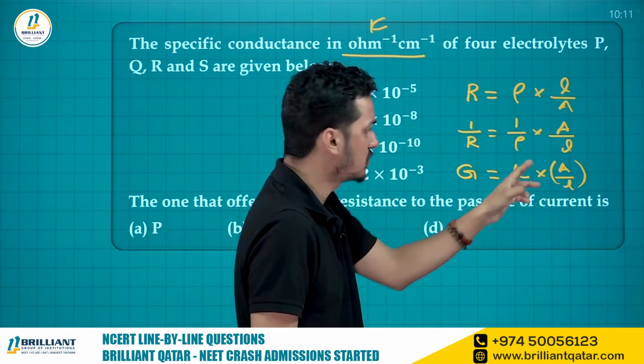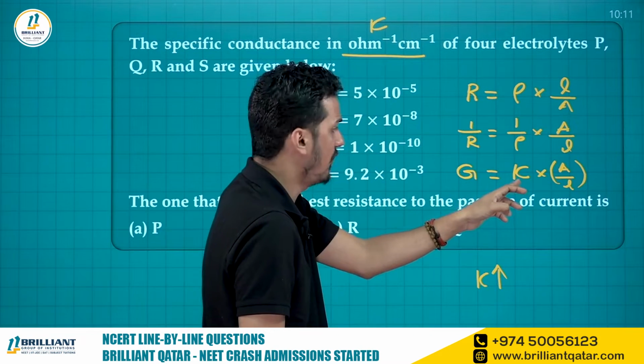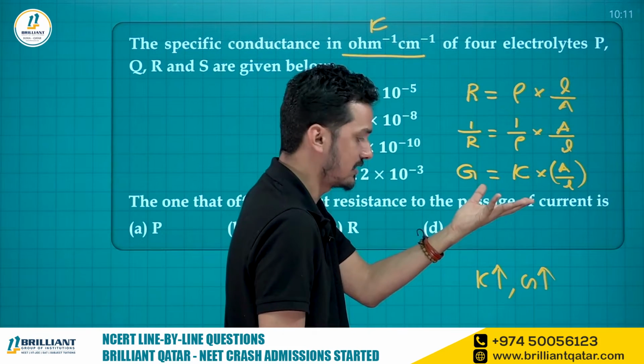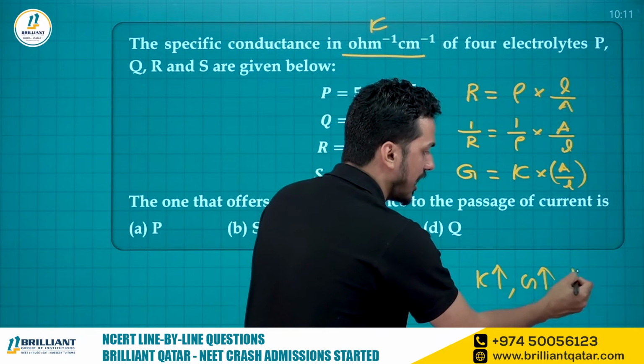That is a constant. So we can tell that when kappa increases, G, conductance, increases. Kappa increases, G increases. Automatically, G increases means R decreases.